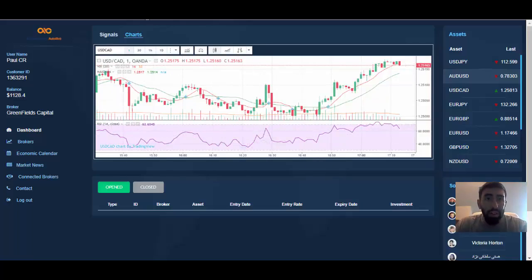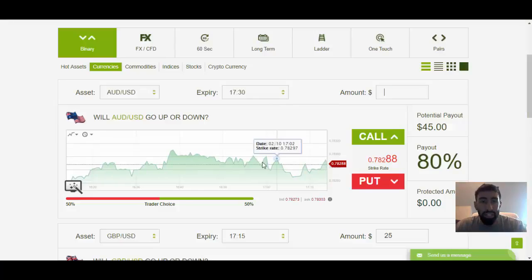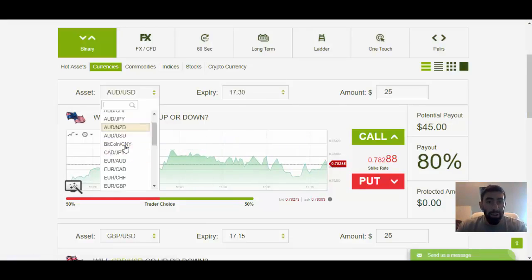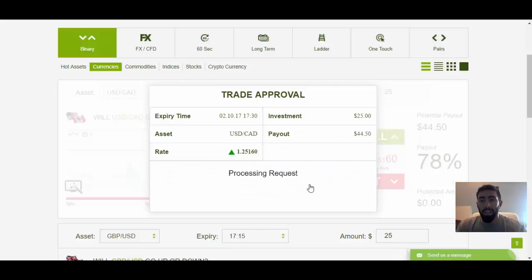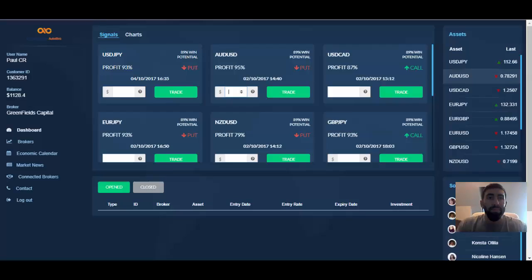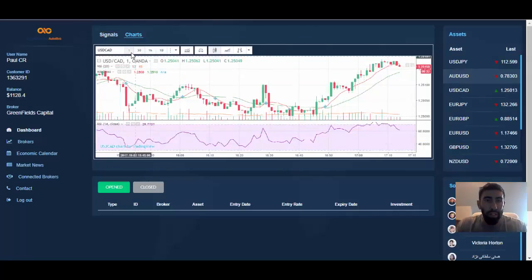So I'm going to follow what Maximus Edge is telling us and place a call trade for the US dollar versus Canadian dollar. Again, go to our broker here, find the USD CAD. This trade will expire at 17:30, which is in about 15 minutes from now, for a $25 trade and a call position. Perfect.